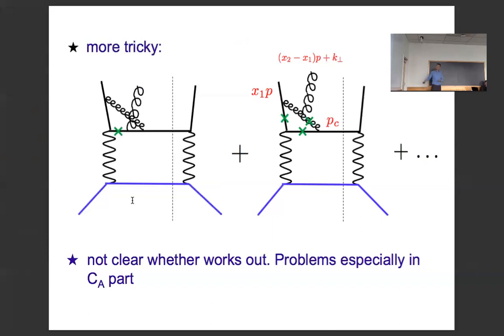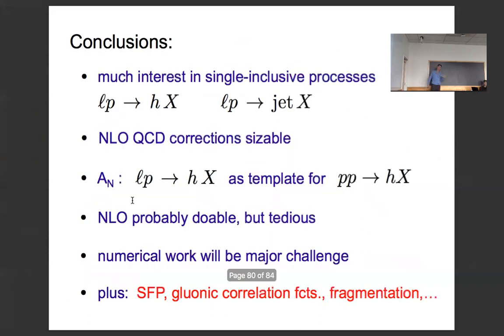Since he's gone, whenever I had some time and nothing else to do, which rarely happens, I've been revisiting this and keep working on this. And every time I discover something new, but so far I haven't managed to get it done. So it's really interesting, and some really good things happen in these calculations, but it just doesn't go all the way through. Sorry about running really over time, but this is my conclusion.